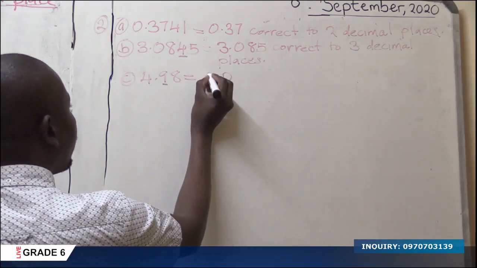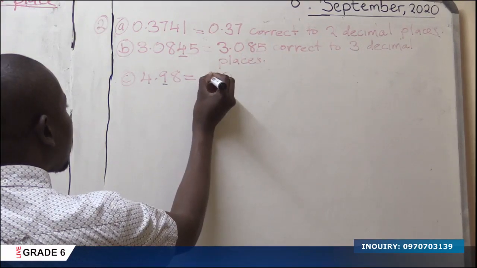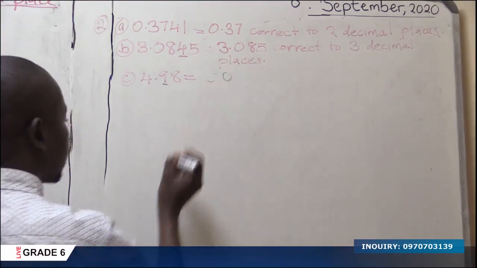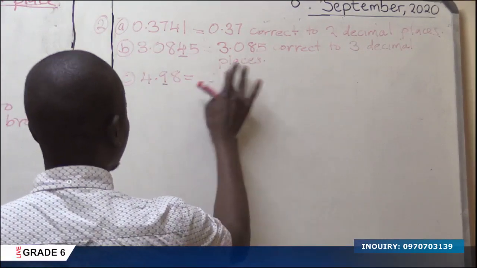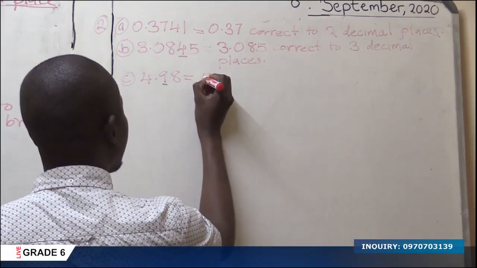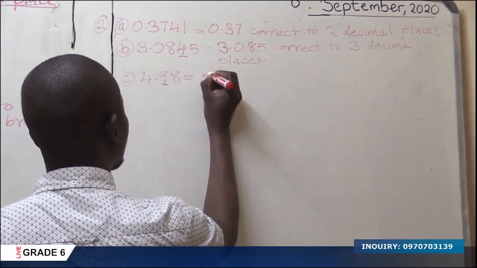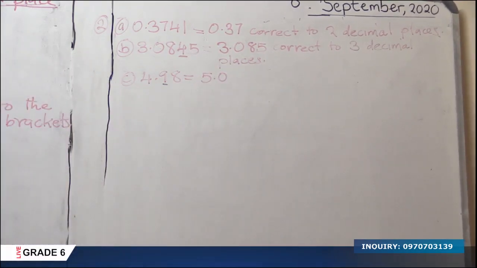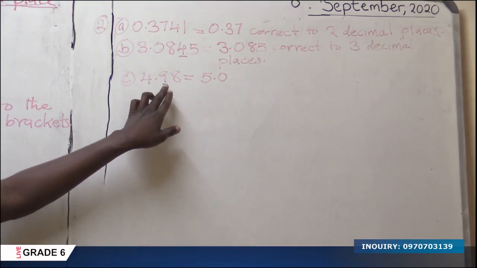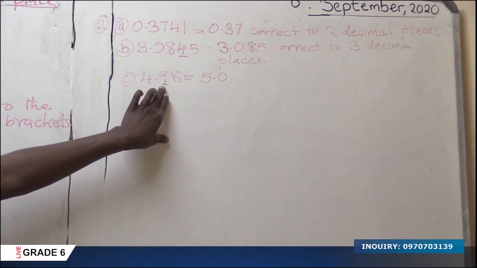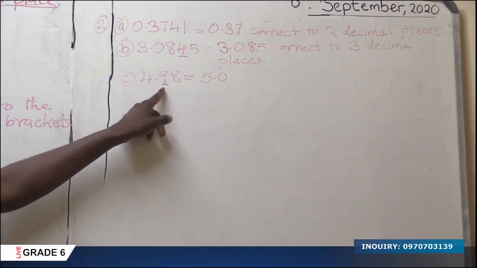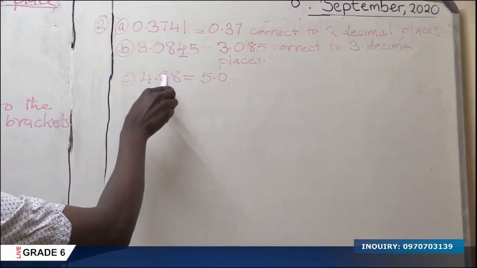So it will be 5.0. You can't write 10, boys and girls.